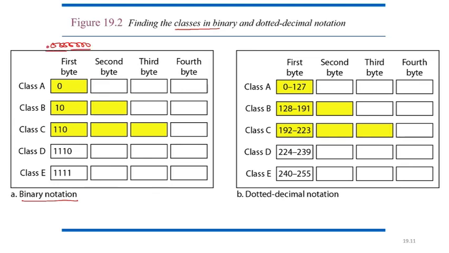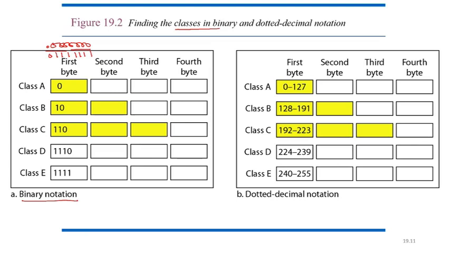Out of that, the MSB is fixed at 0, and the other bits can change. The yellow color means only the first byte; the other bits of this first byte will be changing. So the first address will be all 0s, and the last address will be 0 followed by all ones.